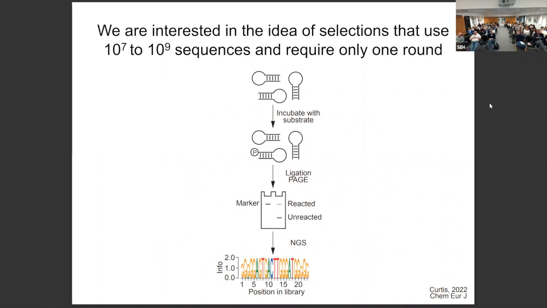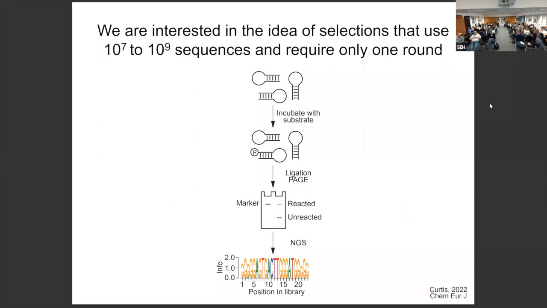In this case, we start with libraries of 10 to the 7th to 10 to the 9th sequences. This is limited by coverage from high throughput sequencing. We perform a single random selection, and then we characterize the molecules using high throughput sequencing. By analyzing these data sets, it's sometimes possible to find the molecules responsible for some interesting phenotype.